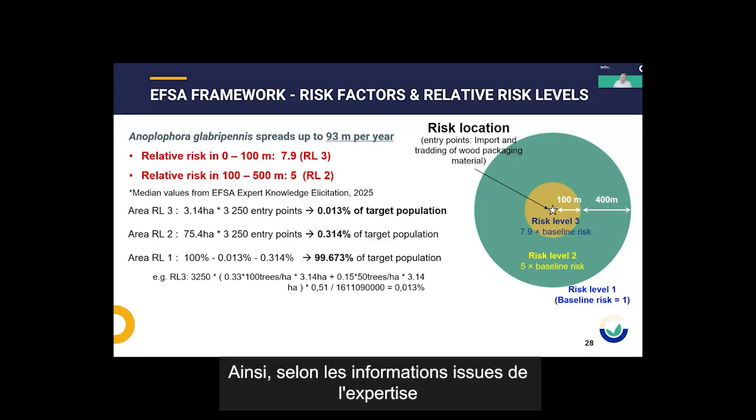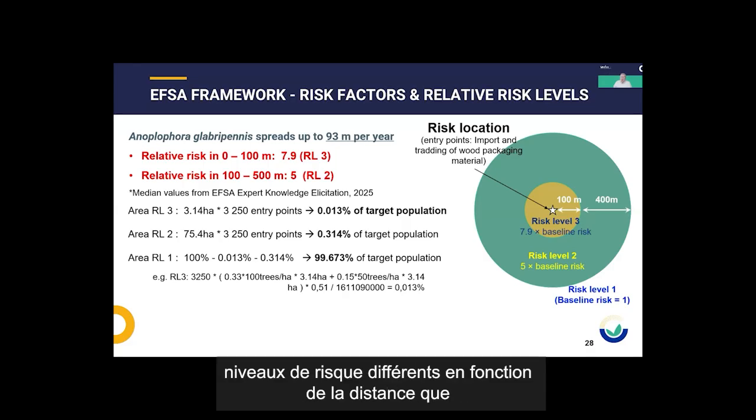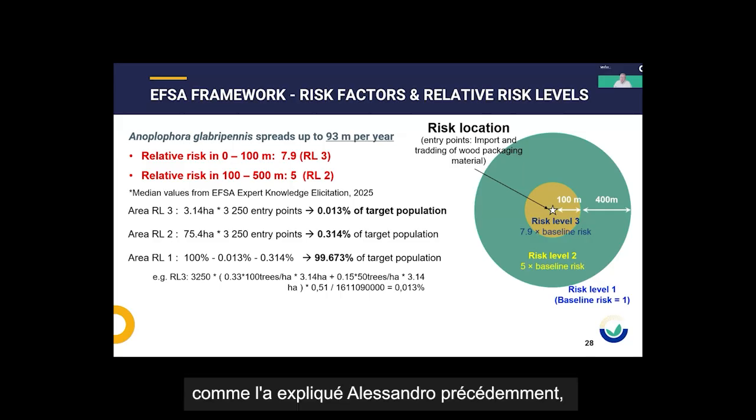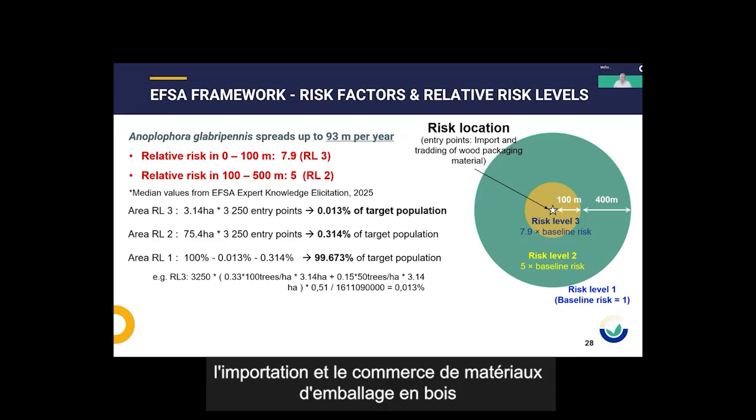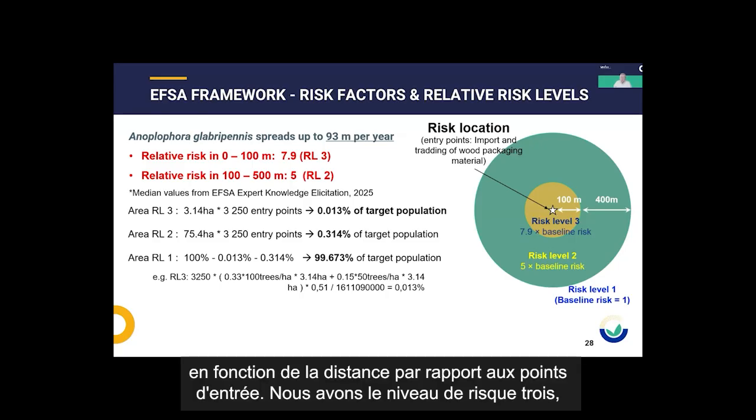According to information from the expert knowledge elicitation performed in EFSA for this pest, we can establish 3 different risk levels based on this distance that the pest can travel from entry points, that has already Alessandro explained, where the import and trade of good packaging material occurs. So we have these 3 risk levels according to the distance from entry points.